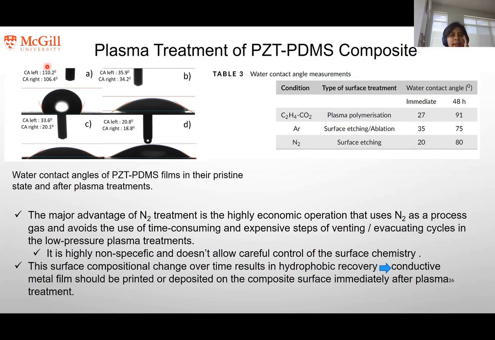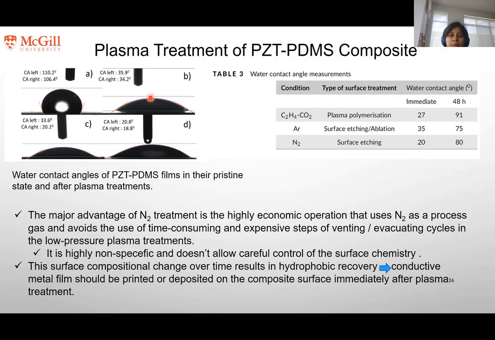A is just a regular, untreated PZT-PDMS surface, and you can see that initially we have a contact angle around 110 degrees.